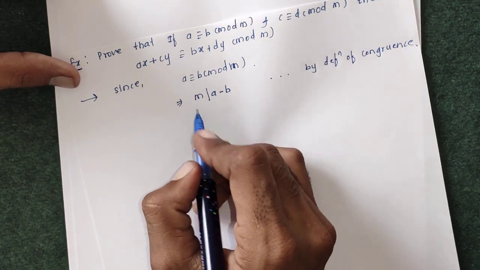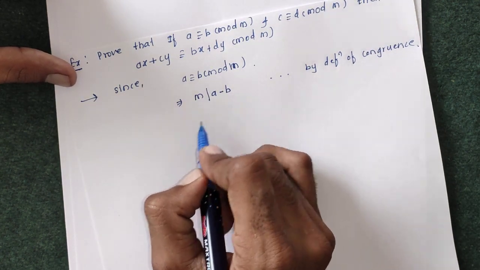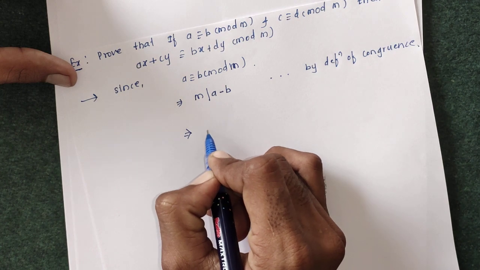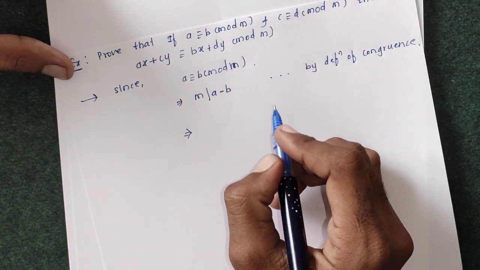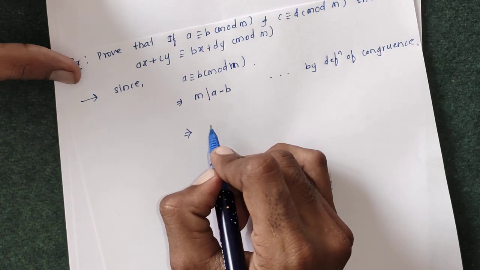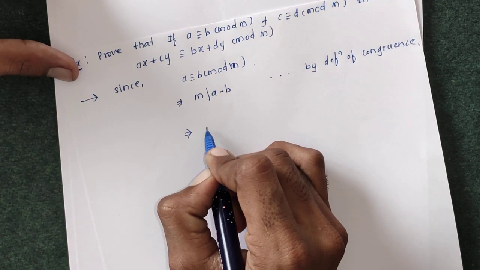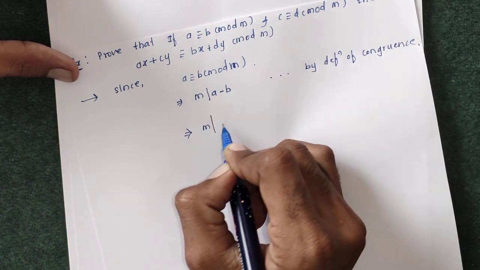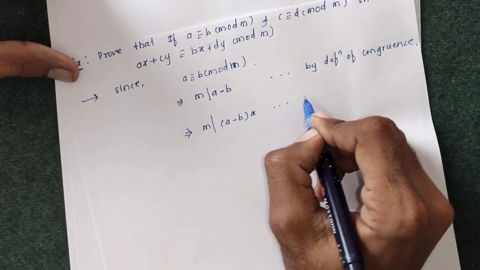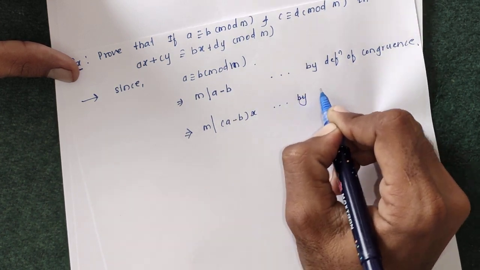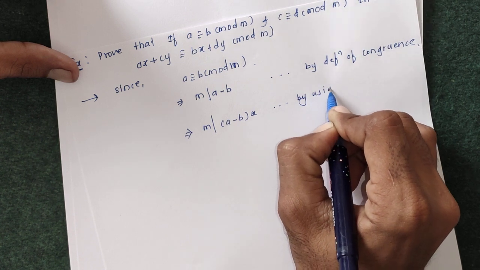This gives, now using the result, if A divides B, then A divides B into C for any integer C, we can write it as m divides A minus B times x.